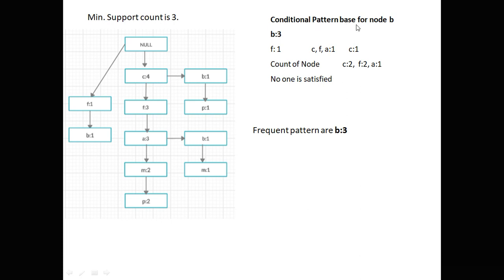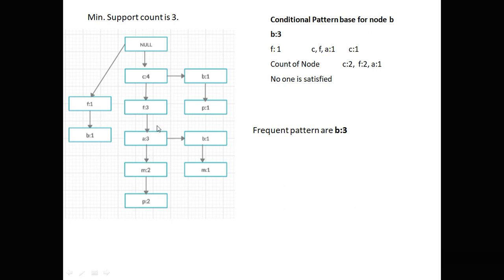Next, the conditional pattern base for node B. B is coming, so F1, then CFA1 and C1. This is for B, F1.